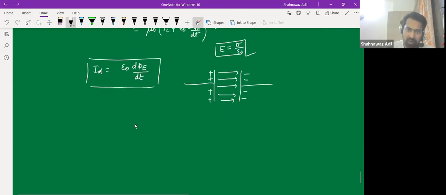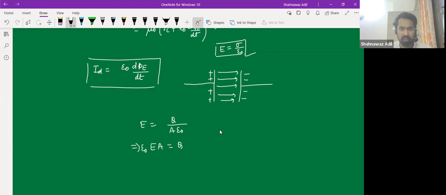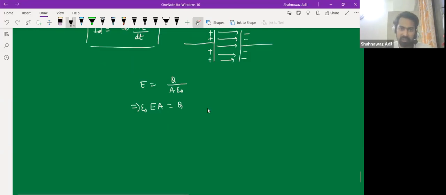And we also know that this sigma is Q by A, and then what we do is that we take this A to this side. So this is EA, and let me write it also as epsilon naught and Q. Then I take the differentiation with respect to time.